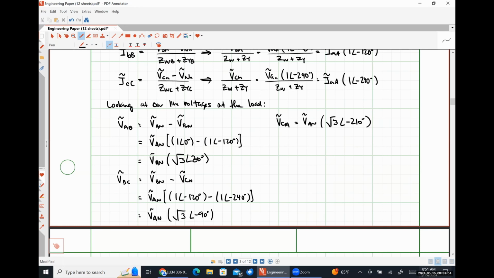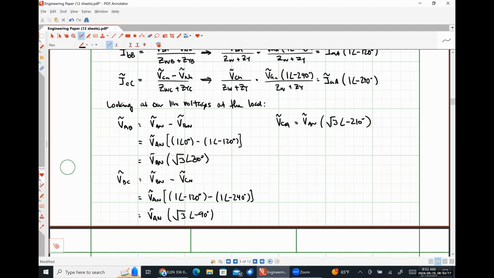So if we know what's going on in the A phase of our system, we don't have to really do any work to figure out what's going on in the B phase of our system. We simply subtract 120 degrees. If we know what's going on in the A phase, we don't have to do any work to figure out what's going on in the C phase. We just subtract 240 degrees.